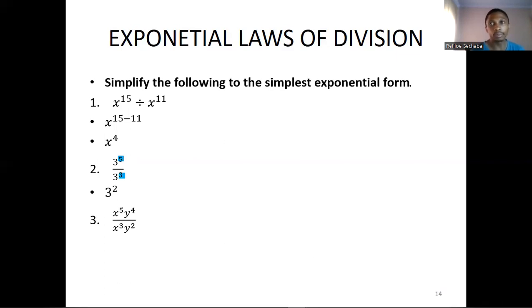Let's try this out. What is the answer there?